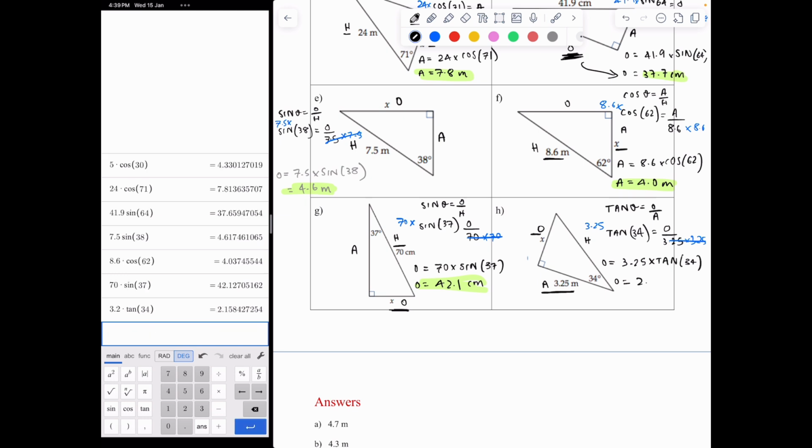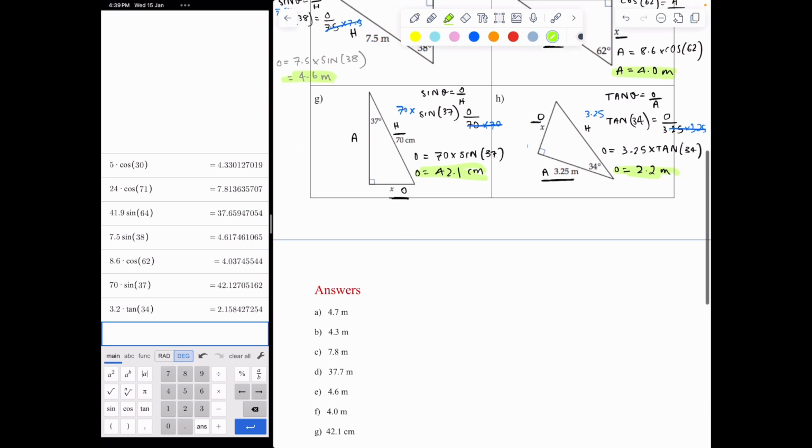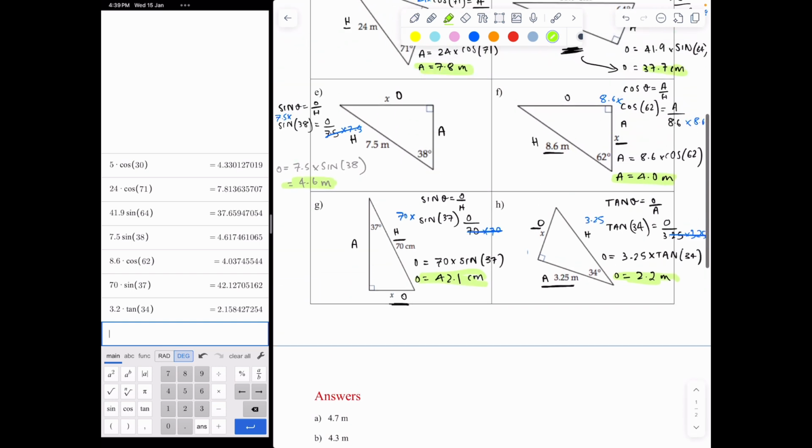And we get 2.1, ooh, let's round it. 2.2 for 2 decimal places. Units is meters. Oh, we better get this correct. I'm so sure we smashed it, team. And we've got all of those correct.